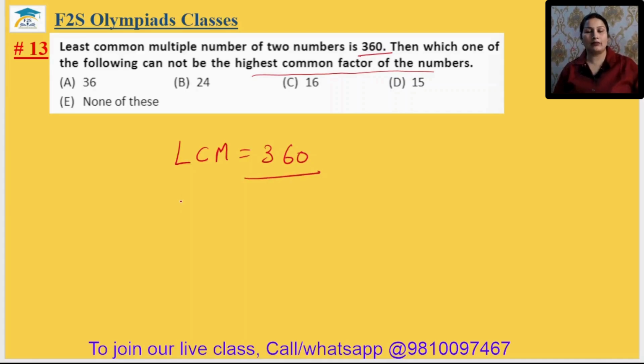And HCF must divide LCM. LCM must definitely be divisible by the HCF. So 36 can divide this number, okay. 24 can divide, yes. But 16 cannot divide 360. So 16 cannot be the highest common factor. The 13th answer will be option C.